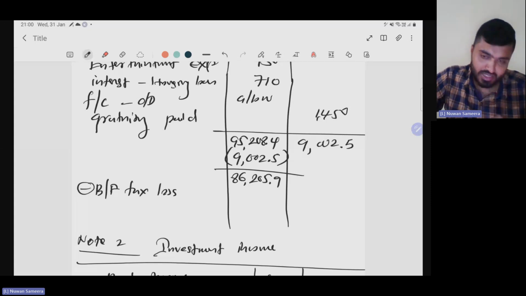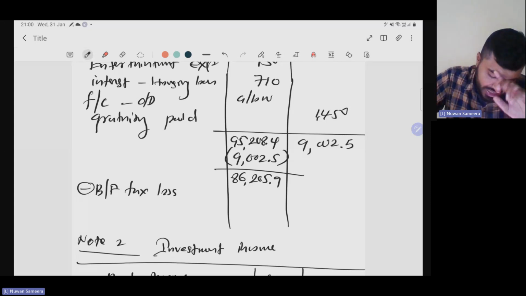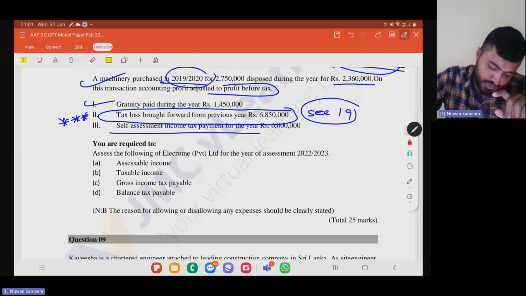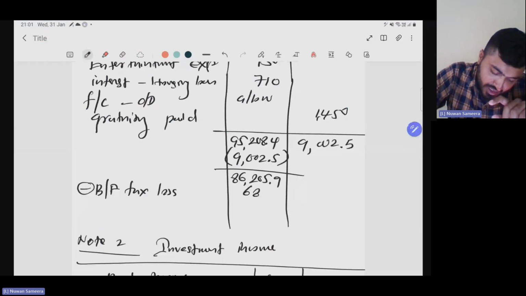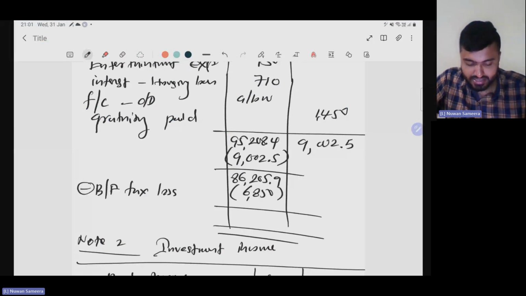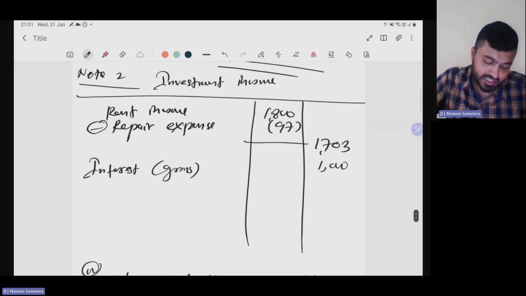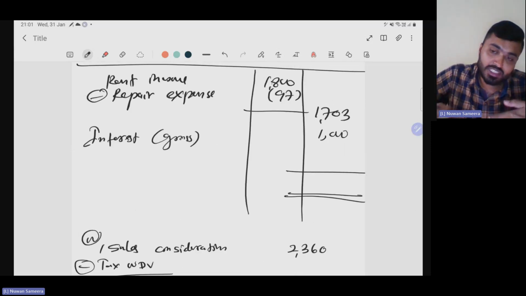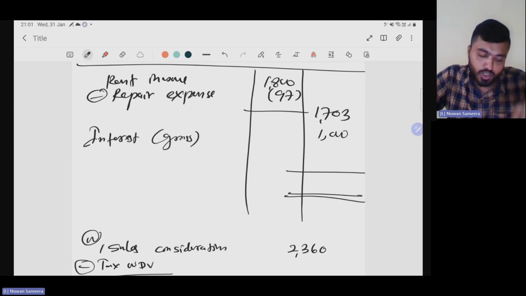So here now there is ample enough tax profit to deduct the brought forward tax loss from the previous year. Then why do we need to adjust at the end? Because we have to think whether, to deduct this brought forward tax loss of 6,850, is there enough income from the business? If there is not enough income from the business, you can go to the investment income and deduct. But if there is a further tax loss, then you can bring it forward.